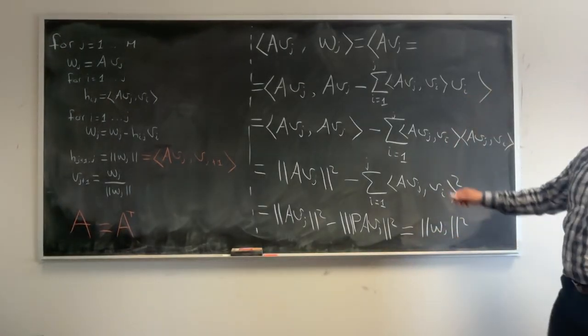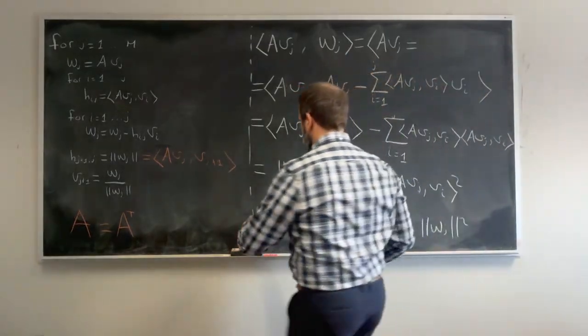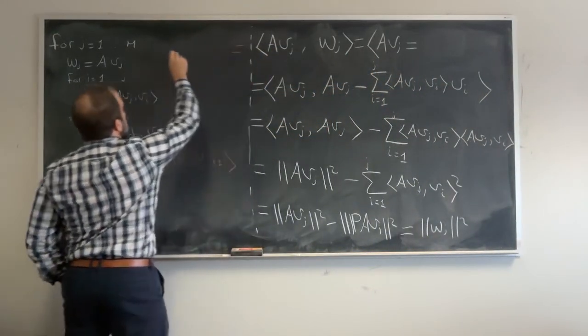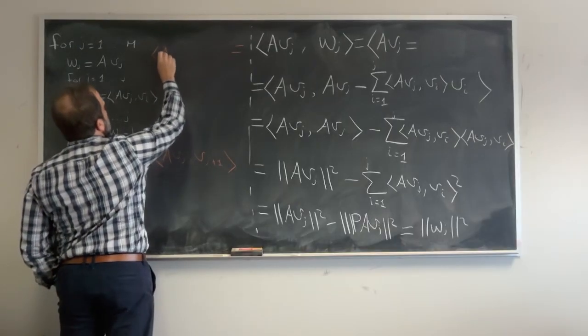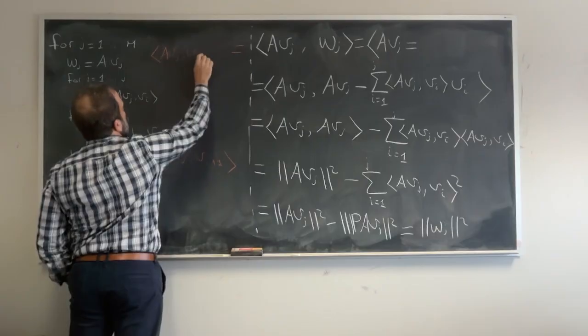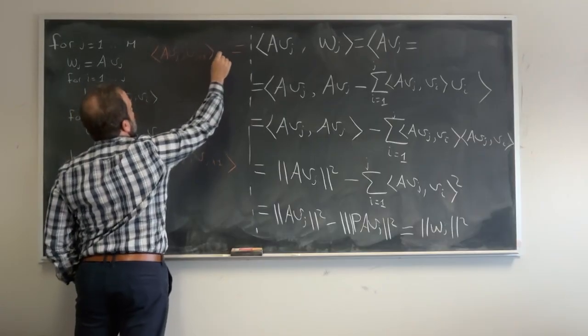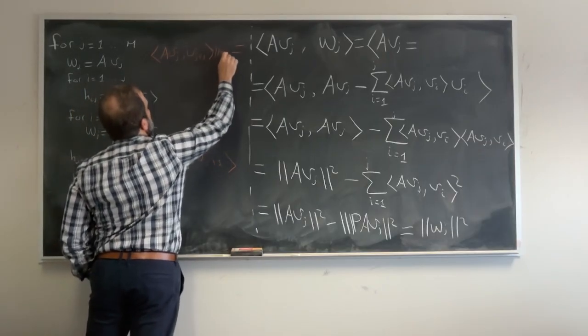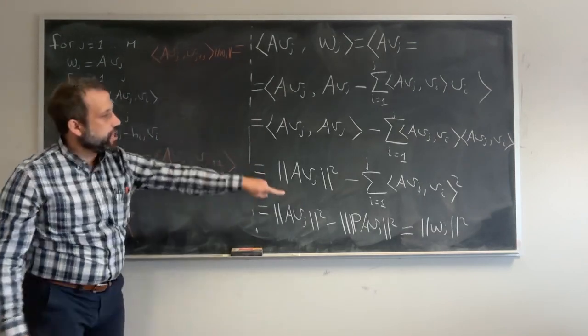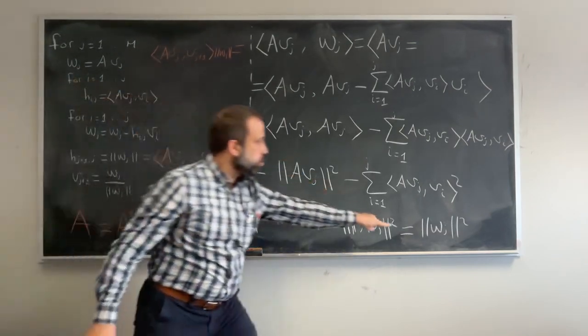And now, remember, let me write it in red. This quantity right here is equal to AVJ VJ plus 1 WJ. So if you look at this and you look at that, this is equal to that.